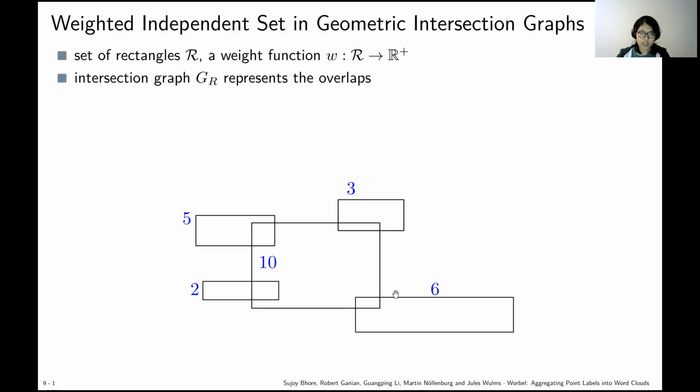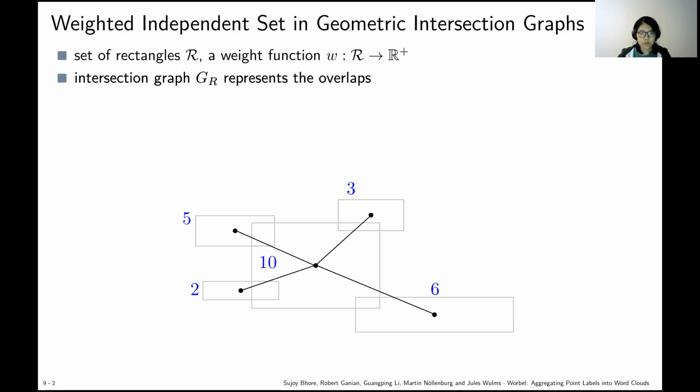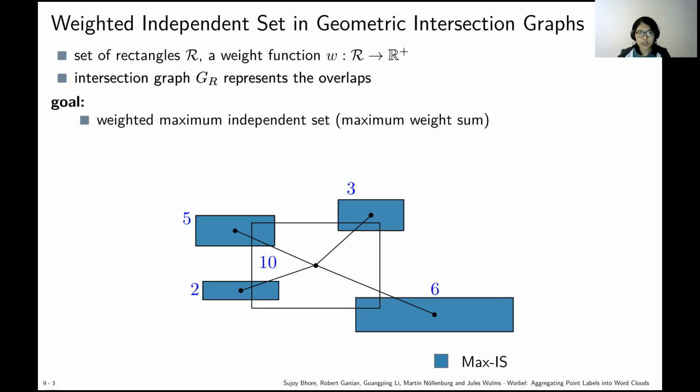Given a set of rectangles, to each rectangle a weight, normally a positive value, is assigned, and in the geometric intersection graph induced by these rectangles, the vertices represent the rectangles, and two vertices will be connected by an edge if and only if their corresponding rectangles overlap each other. And the goal is to find an independent set with a maximum weight sum.